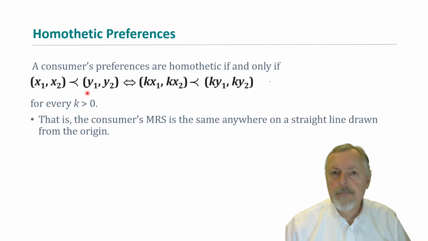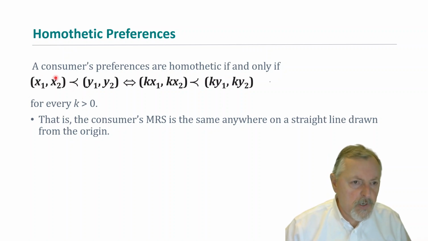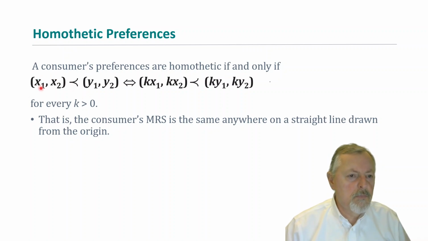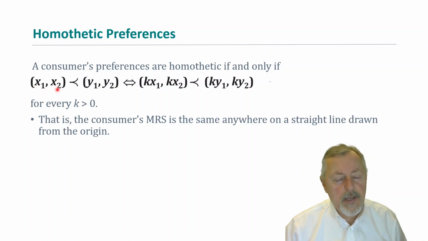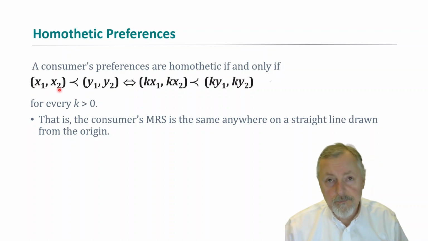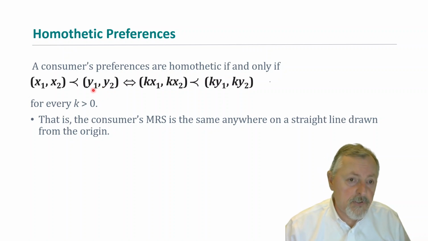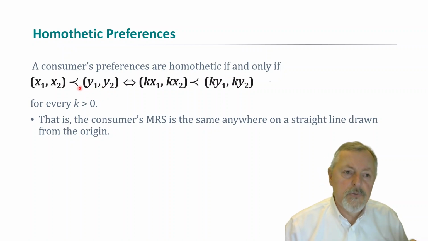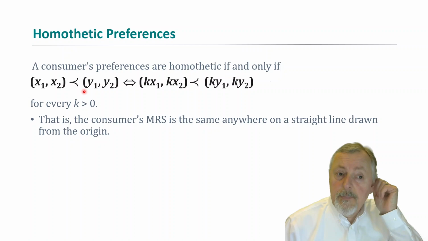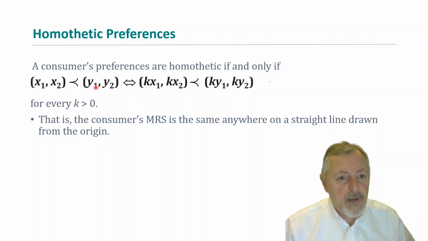There are two consumption bundles. This one, where you consume some quantity of X1 of commodity 1 and some quantity of commodity 2. And here's a different bundle of those same two commodities. This symbol means you strictly prefer this bundle over that one.